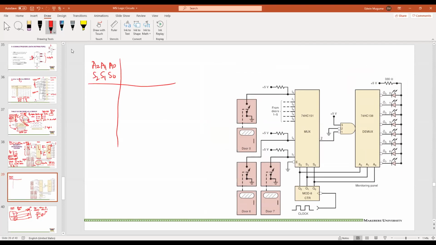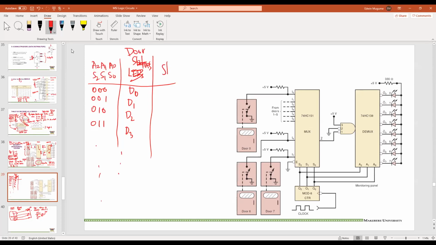And this is 000, 001, 010, 011. Now, let us see the LEDs and the status. This is door 0, door 1, door 2, door 3, and this continues.